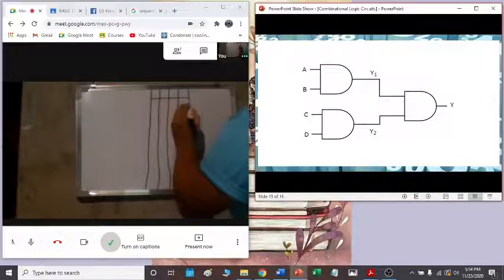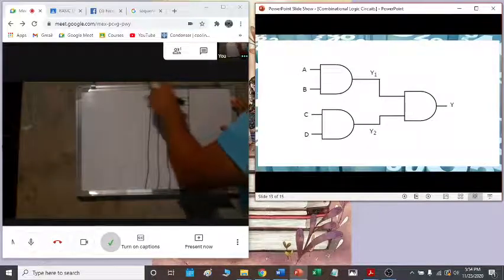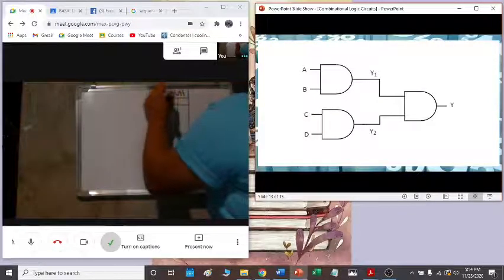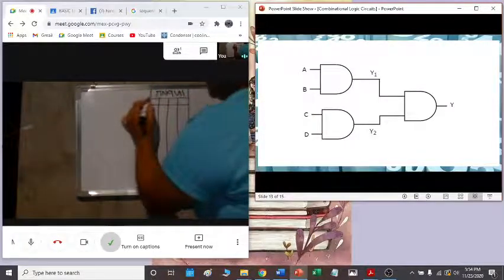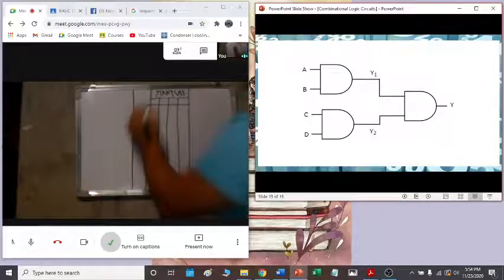So these are your inputs, and your first output, which is Y1.